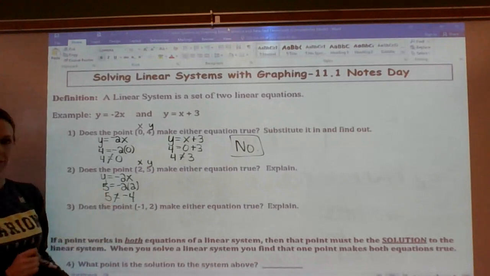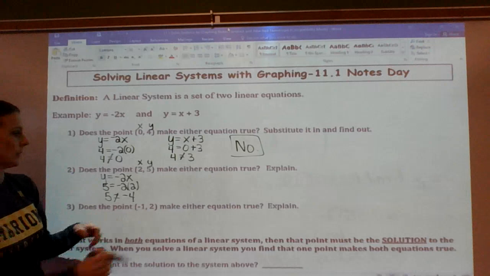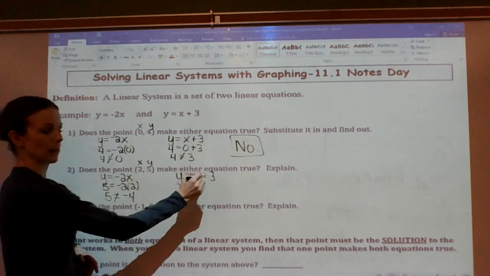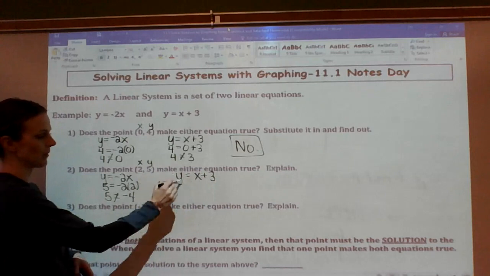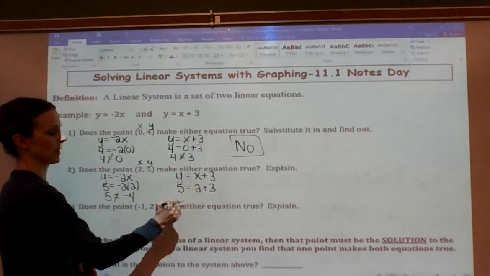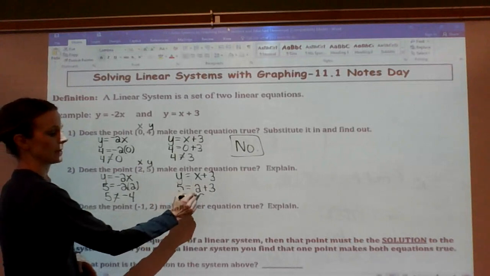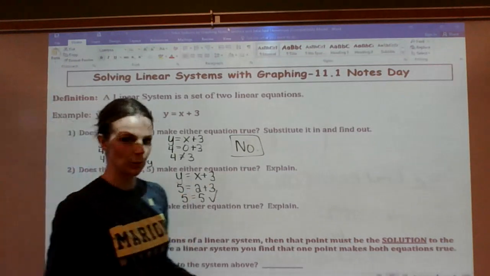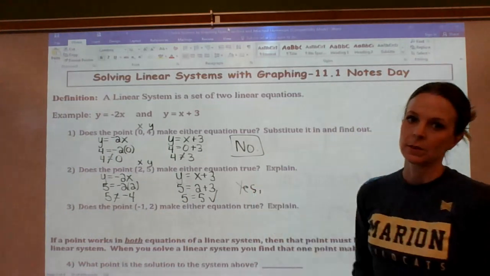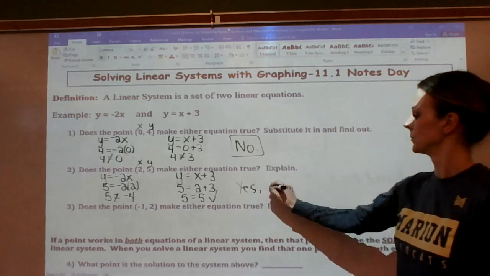So we'll put a little slash through the equal sign. Let's plug it into y equals x plus 3. Okay, so we have 5 equals 2 plus 3. This one I can see that 5 does equal 5. That is a true statement. So yes, it's true for the second equation.